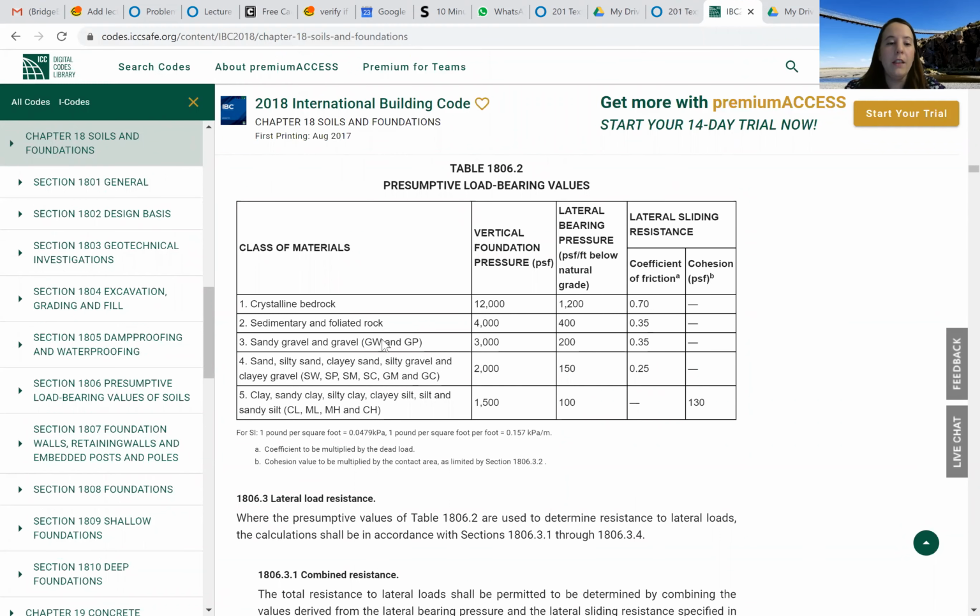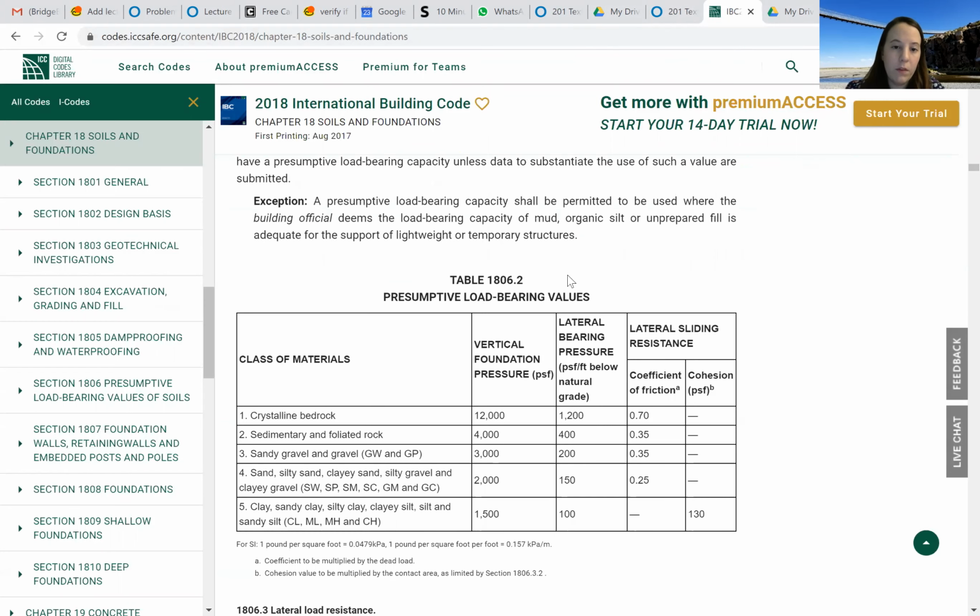1806.2, I know my soil type is going to be sandy gravel or gravel, and that's where we get the vertical foundation pressure of 3,000 pounds per square foot. And you'll notice that 3,000 PSF is the allowable, right?